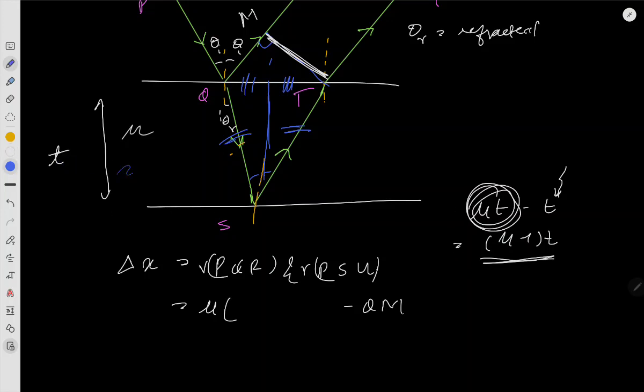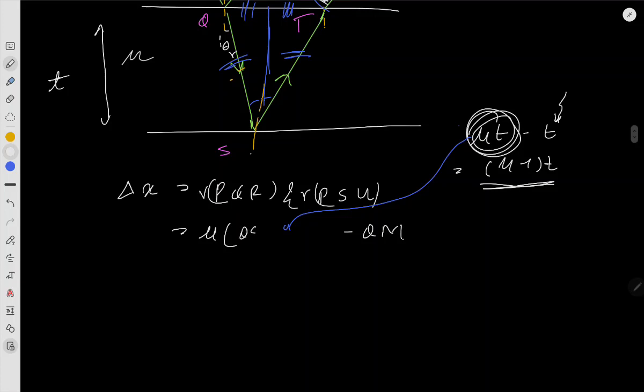So we have to write this, and hence we write a mu outside, and now the t, that is the path traveled. Over there it was the thickness, and now here we have to write QST. As we know, QS is, I'll write it QST, and now we just have to put in our values.